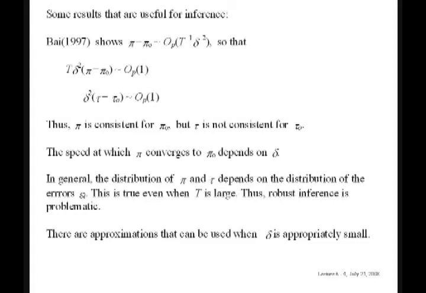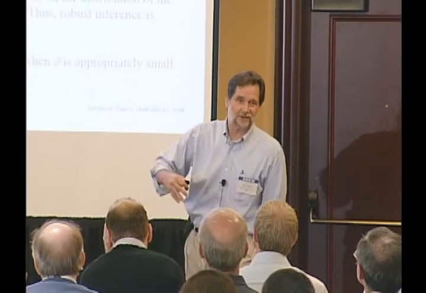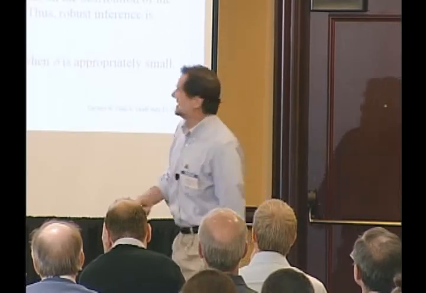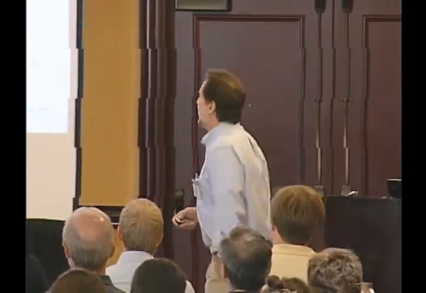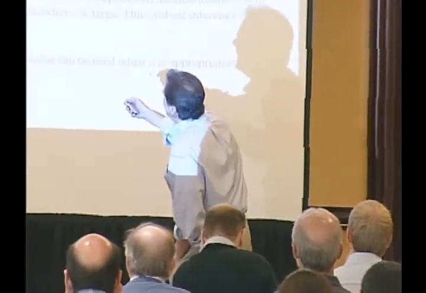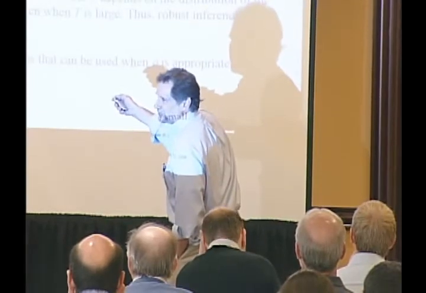So this is my estimated break fraction. That's the true fraction. And the speed at which it converges depends on a couple of things. It depends on how much data you have. That's kind of familiar, right? And it also depends on how big the break was.